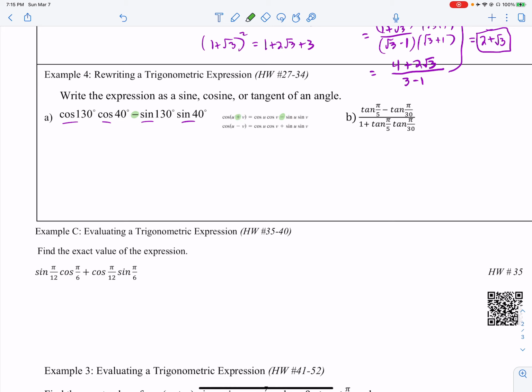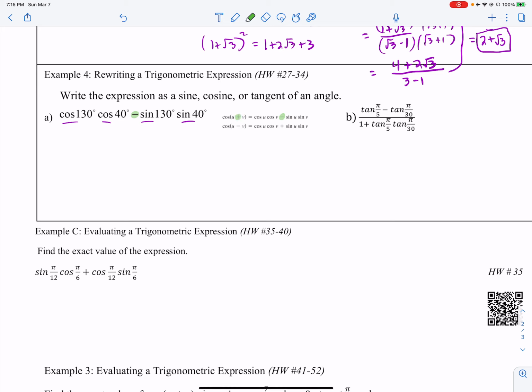You have a 6 pi 30ths minus a 1 pi 30ths. Now that you have a common denominator, you get tangent of 5 pi 30ths, but it keeps giving because this is tangent of pi 6.